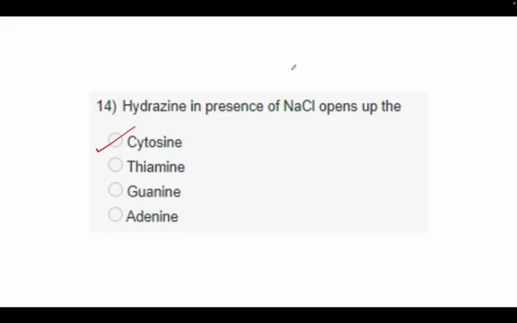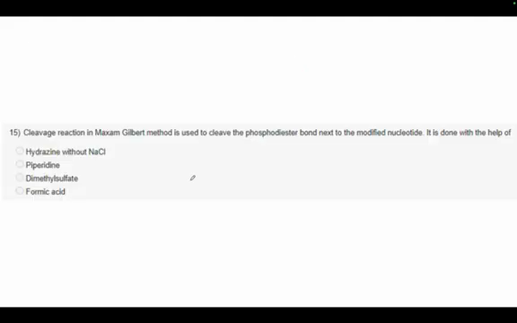If NaCl were absent, it would open up cytosine and thymine. But in the presence of NaCl, it only opens up cytosine. Cleavage reaction in Maxam-Gilbert method is used to cleave the phosphodiester bond next to the modified nucleotide. This is done with the help of piperidine. Right? Hot piperidine is used to cleave the phosphodiester bond.